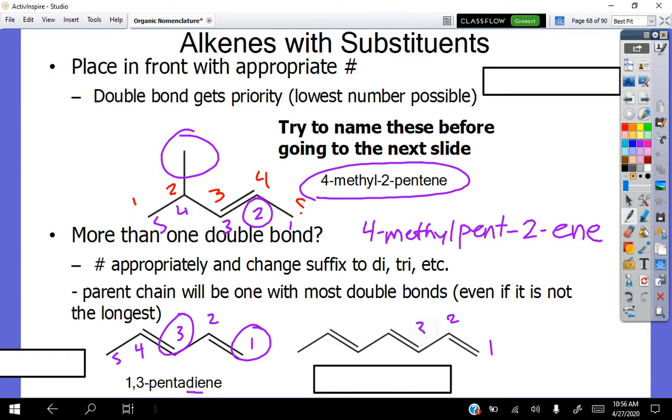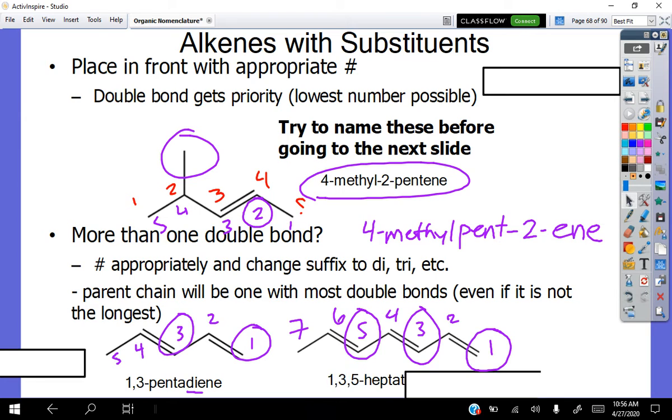For this next one, we've got 7 carbons. So it starts on 1, 3, and 5. Since there's 3 double bonds, and it's a 7-carbon chain, we need hept. And then, so hepta, the prefix tri, and then we end with ene. 1, 3, 5, hepta, triene.